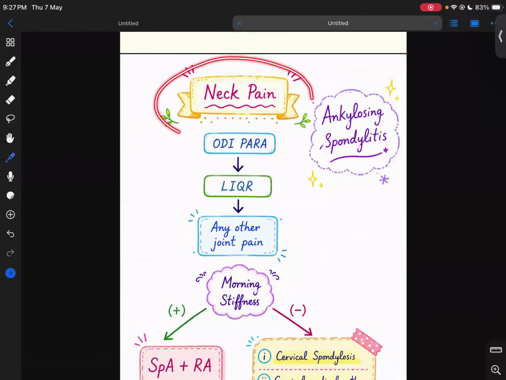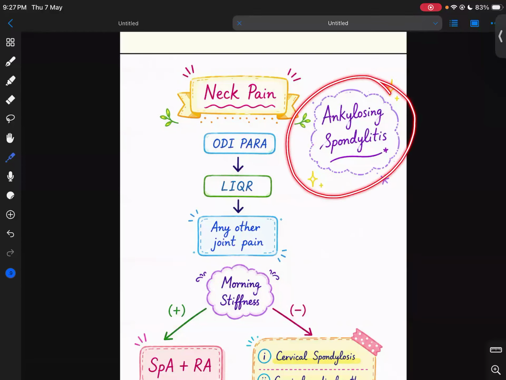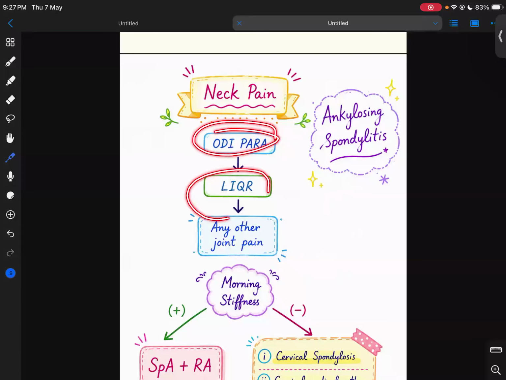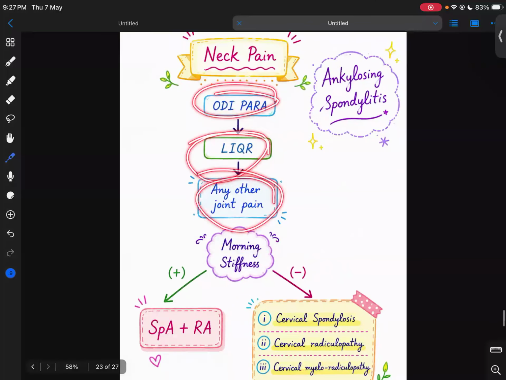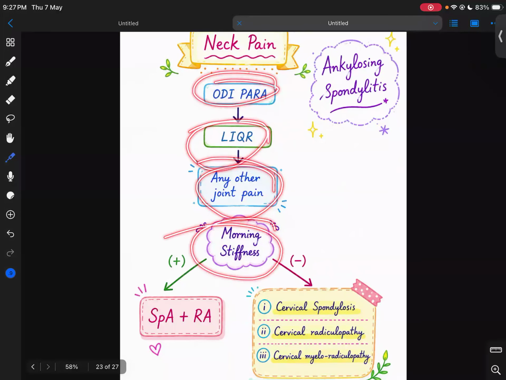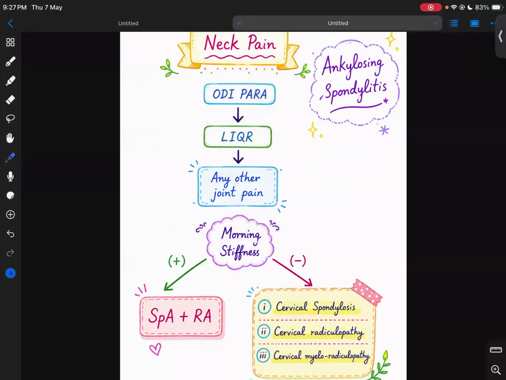One is neck pain. Neck pain has come only one time in the PACES exam, and the diagnosis was ankylosing spondylitis. So how to approach neck pain? Same Odipara, LICOR, any other joint pain, and asking for morning stiffness. If there is morning stiffness present, then it is either seronegative spondyloarthritis or rheumatoid arthritis.